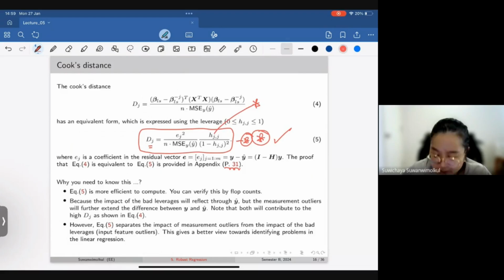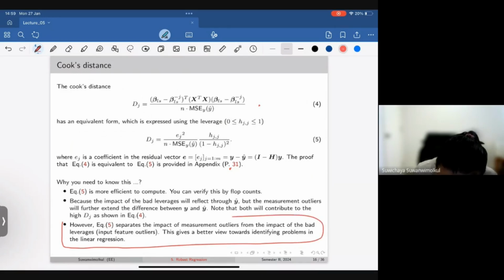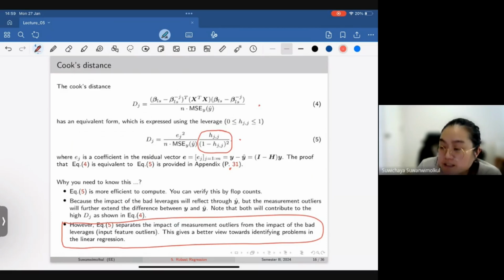Another good thing about this equation 5, which is written at the very bottom of the page, is not just computation. It's important because you can see the impact due to the input features through the hat matrix, the H matrix, versus the impact that is causing this sample to be an outlier through the residual.